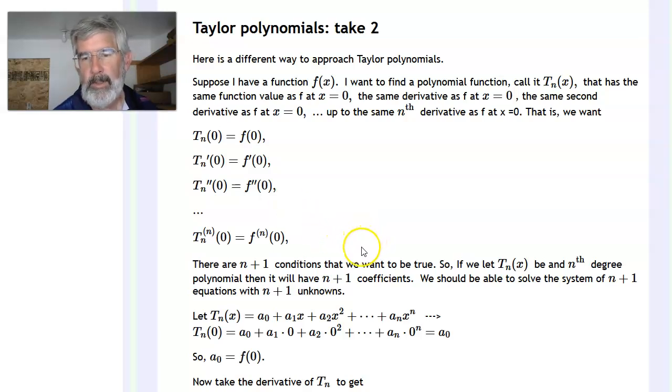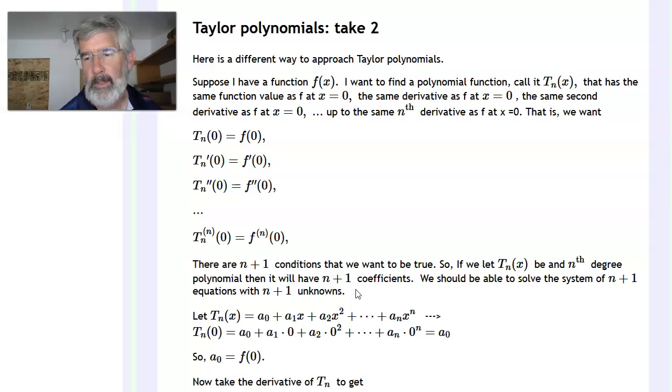But here we go. This is, how many? 1, 2, 3, okay. So, first derivative up to nth derivative, there's n equations right there, plus this first one. This is n plus 1 bits of information. And a polynomial, Tn, which is an nth degree polynomial, will have n plus 1 coefficients. It has the constant coefficient, first degree, second degree, third degree, all the way up to nth degree.